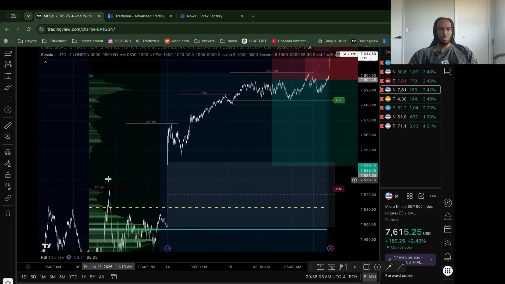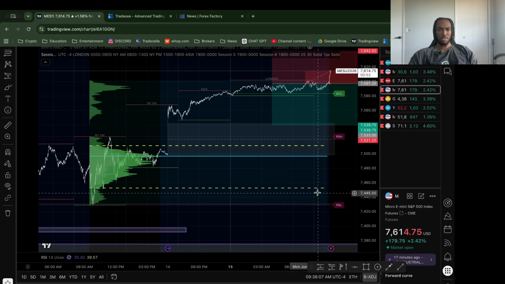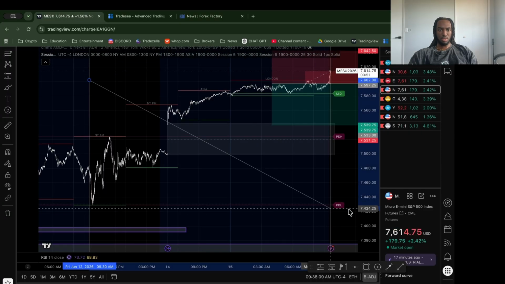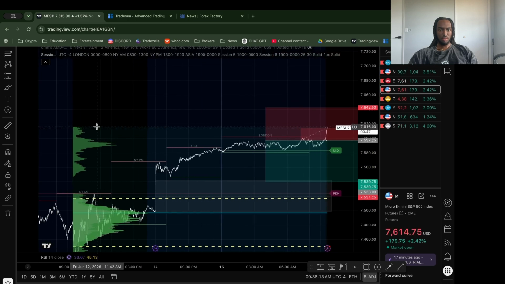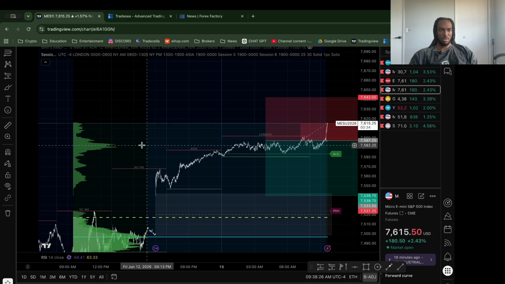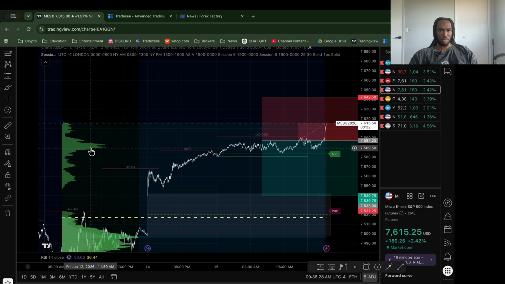Let me pull the volume profile to current to see how much volume we're making up at those levels. I mean, there's a good amount of volume here, boys. I'm not gonna lie.